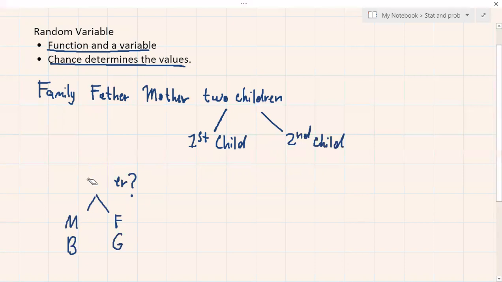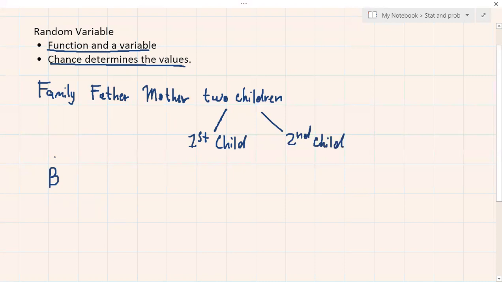Okay. Ngayon, let's have a set of experiments. Let's just say, sabihin natin na sa first experiment, yung first child natin ay boy. Okay? First child is your boy.